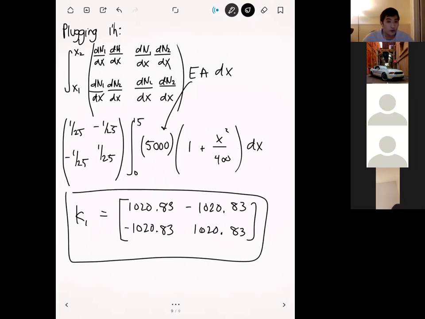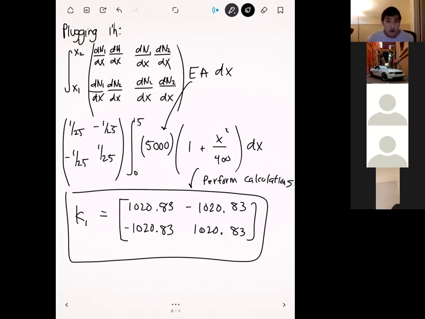And so that's our first element stiffness matrix. This is basically just performing calculations.